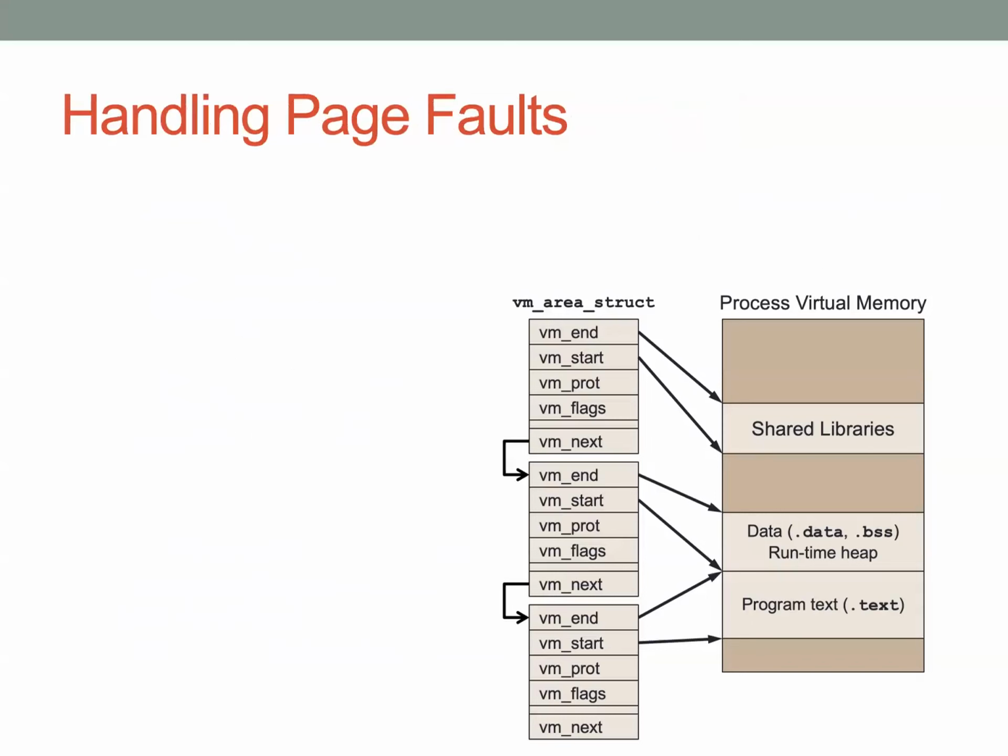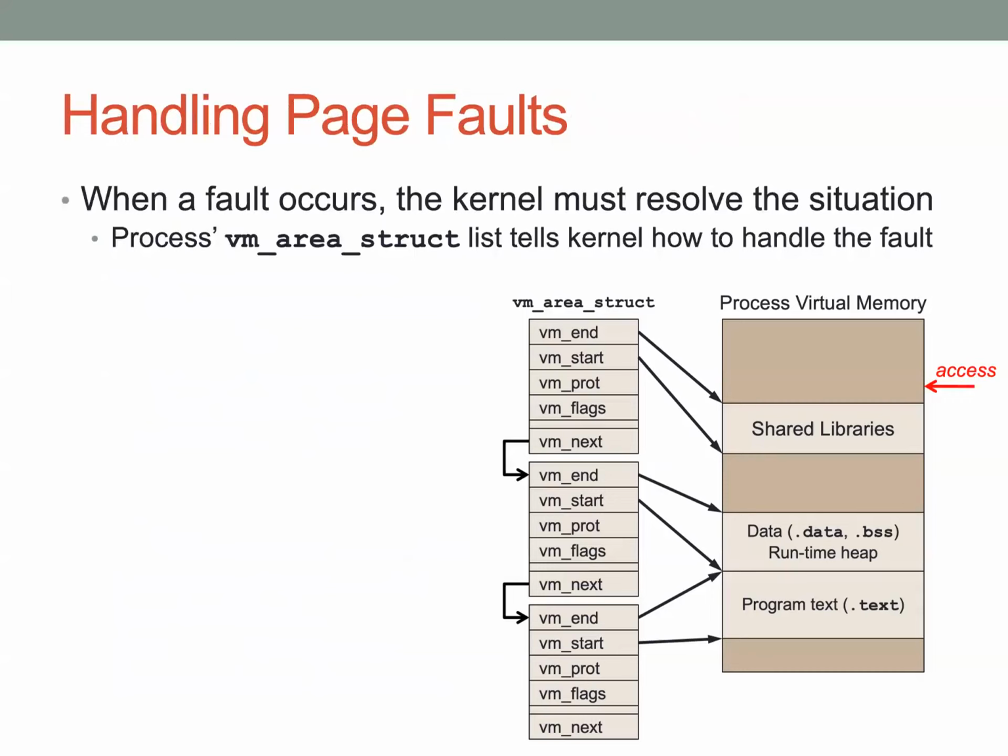Okay? Now, when we have a fault, we can have different scenarios. And the different scenarios can only be differentiated by looking at the higher level information we have in our supplemental page table. Are we doing a read or write in the data section, which would be fine, but maybe there's just no frame allocated?